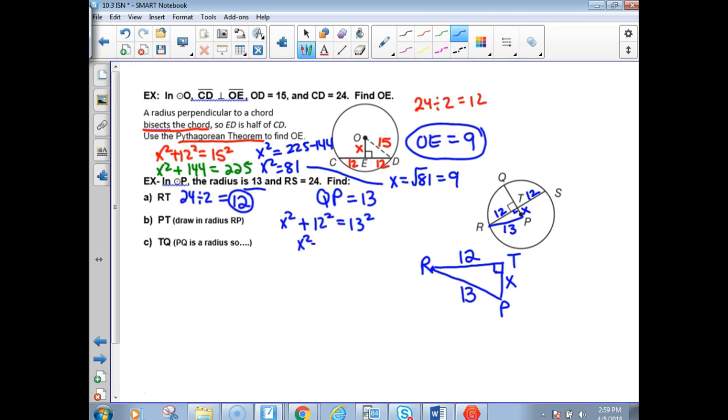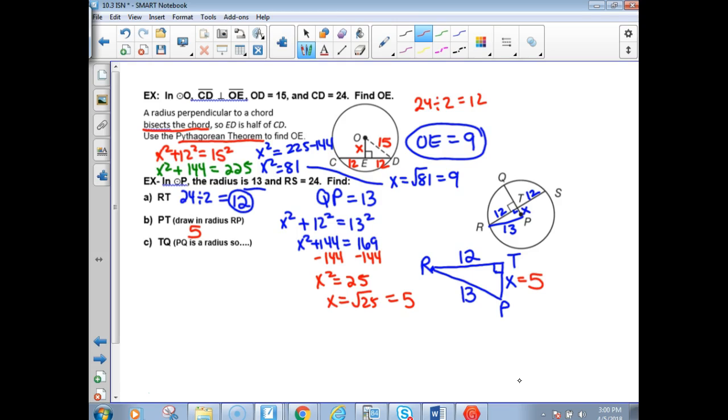Now we're going to do x squared plus 144 equals 169. Subtract 144 from both sides. X squared equals 25. Take the square root of 25 and find out that P to T is 5. All right, so P to T is 5.